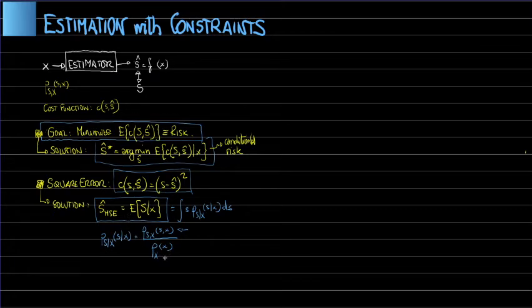To do so, we have to compute the denominator, the marginal distribution, which is the integral of the joint distribution. This is the usual way to compute it, but there are many situations where this integral cannot be computed analytically. So we have no analytical form for the marginal, so we have no analytical form for the posterior, so we cannot compute the posterior mean, at least easily or exactly.